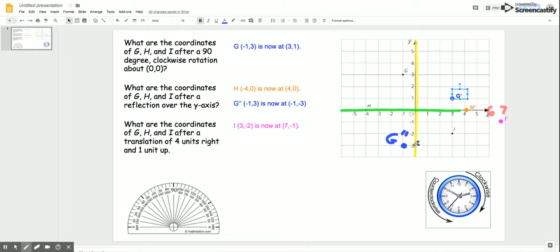And like we said, yep, (-1, -3). So that's just a good reminder, just in case you don't actually have a grid to graph your points on. If you're reflecting over the y-axis, then the x value of your ordered pair will become its opposite. If you're reflecting over the x-axis, then the y value will become its opposite.